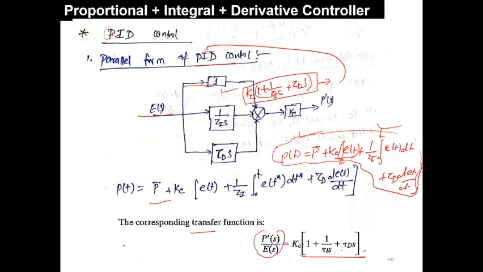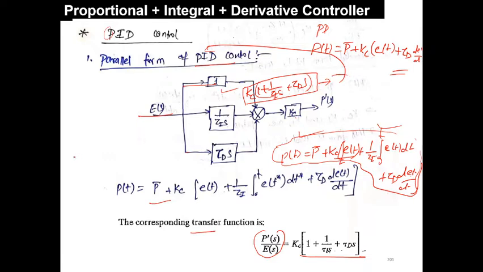In the previous lecture, when we discussed the PD controller, the expression was P(t) equals P bar plus Kc e(t) plus tau D de/dt. So this is the expression for the PD controller.